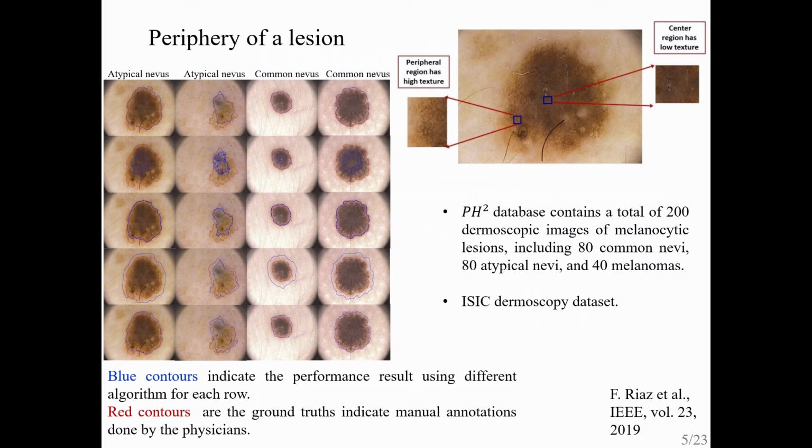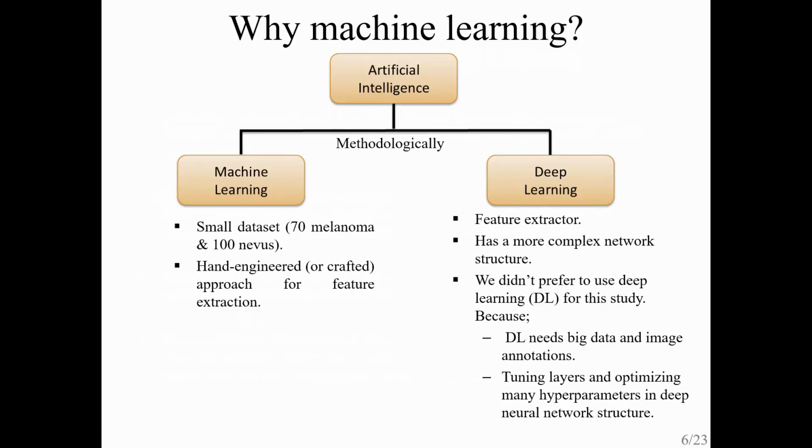This study also investigates the segmentation results for ground truth and the algorithm result. Mostly, the algorithm results do not match the ground truths. So I can say that we have to consider the peripheral region when extracting meaningful features for classification purposes.